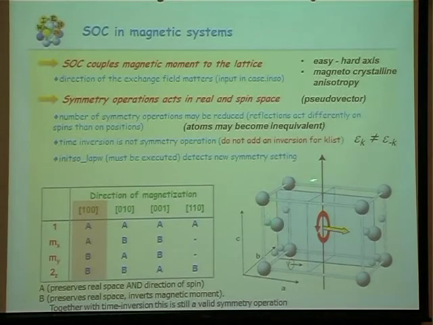So this would be a case where I would have lower symmetry because I put my magnetization in a special direction. And of course, if I would use an odd direction somewhere in space, then probably I would lose all the symmetry except the identity.